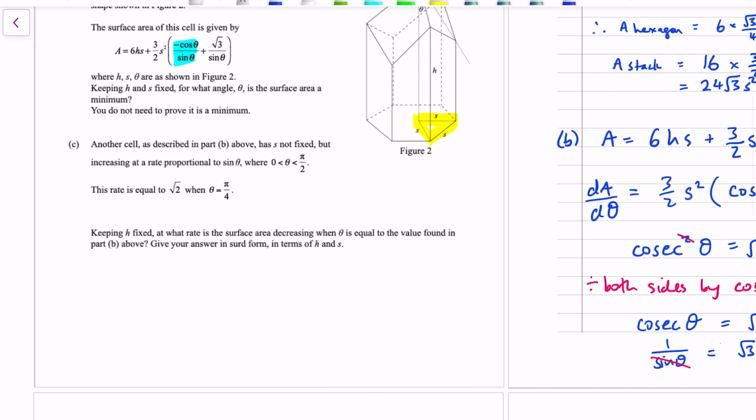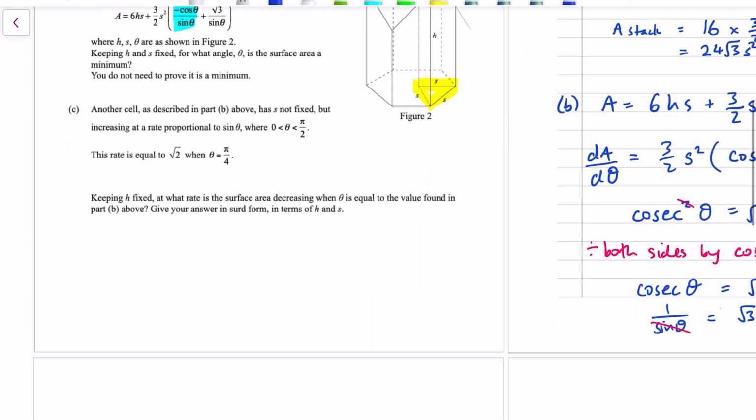Okay, part C. Another cell as described in part B has S not fixed, but increasing at a rate proportional to sine of theta. So this is a related rates question. S is no longer fixed, but we know that dS dt, the rate that S changes, is some number k, which is our proportionality constant, times the sine of theta.